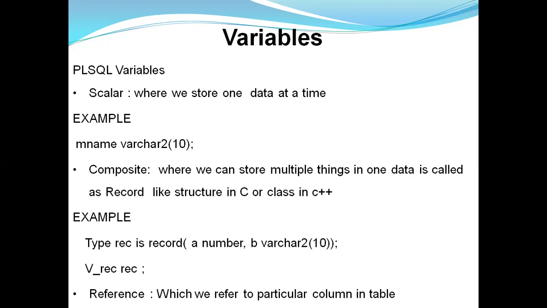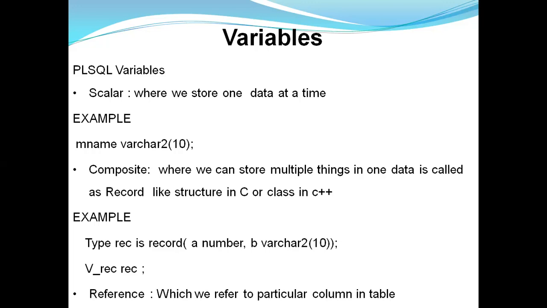A PLSQL variable. So what's a PLSQL variable? We understood that. That is nothing but a variable which is declared within a block. Now in PLSQL variables, we have two types. One is called a scalar variable that can store only a single value, where we can store one data at a time.